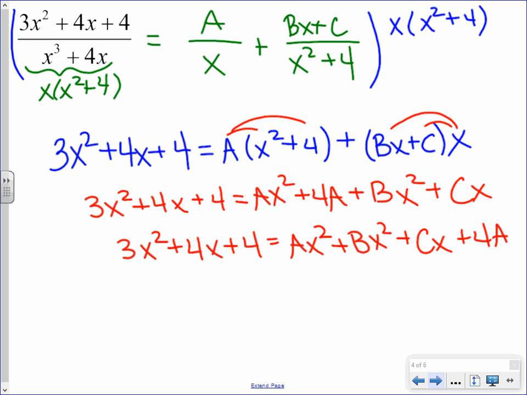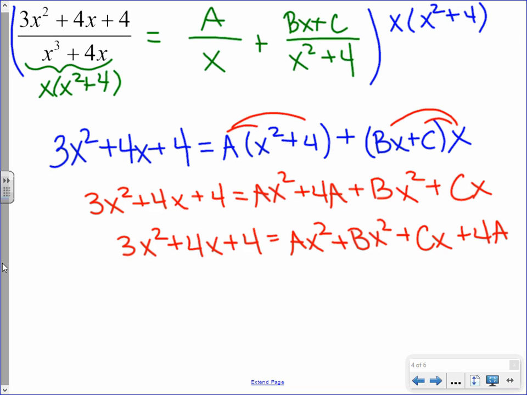If these two equations are equal, then what? If they're equal, then they're going to be the same equation.